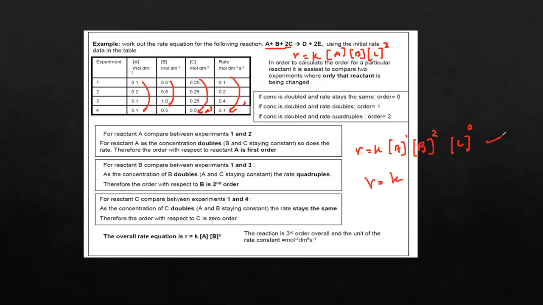This is also acceptable, they accept this in the exam when you write this rate expression. So this is the actual rate equation according to the experimental data. Is it clear? This example?